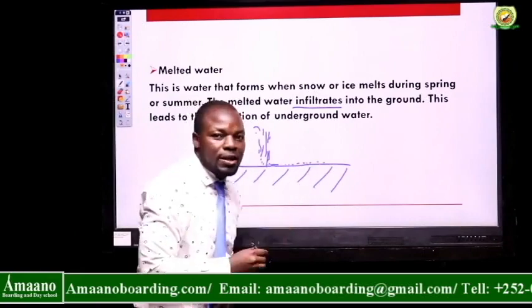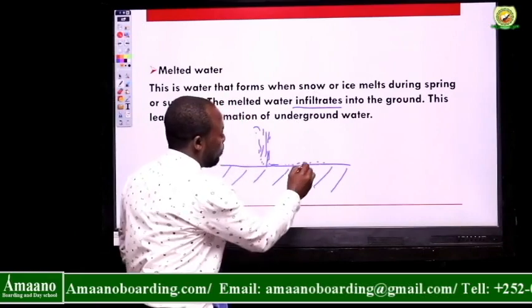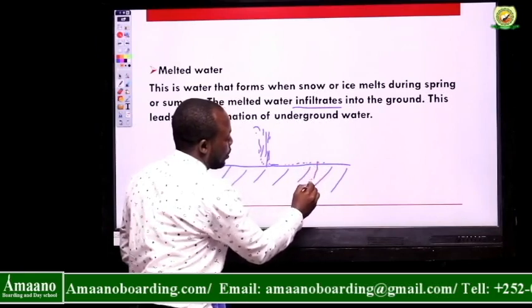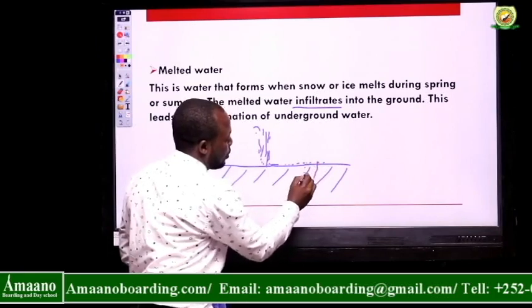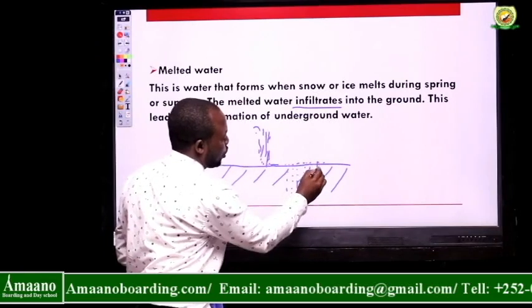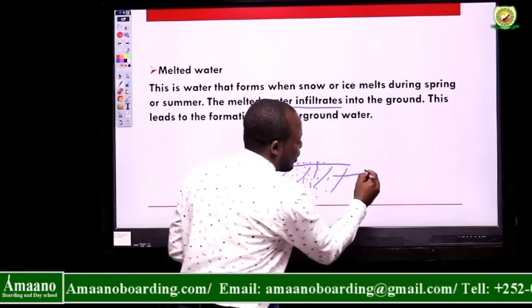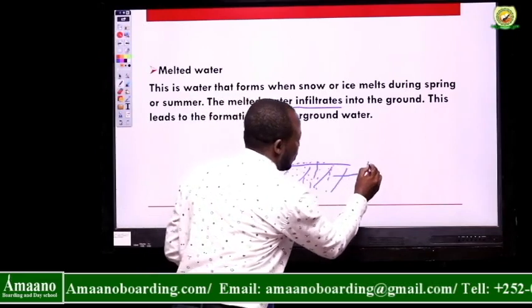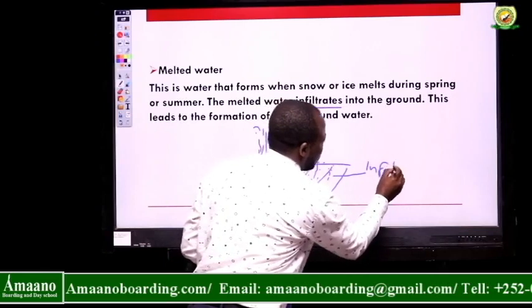This is what we call surface runoff. And part of the rainwater may simply get its way inside through some holes. This is what you call infiltration. So the water is infiltrating.